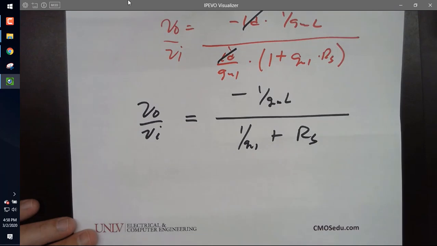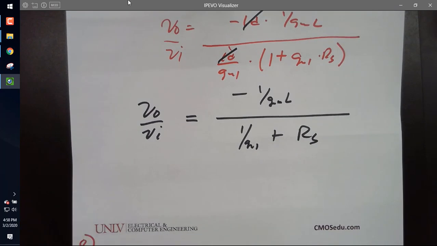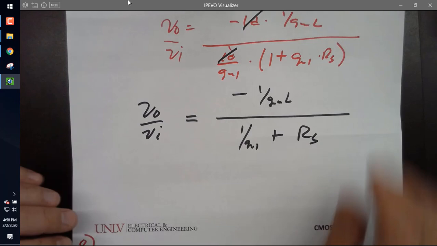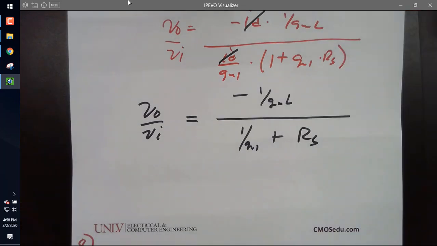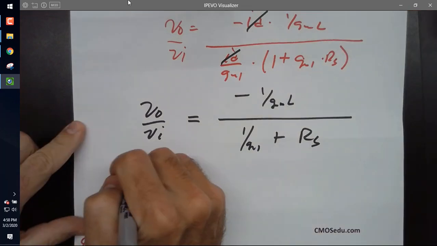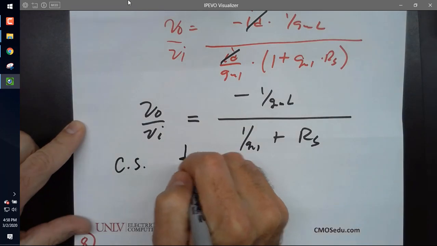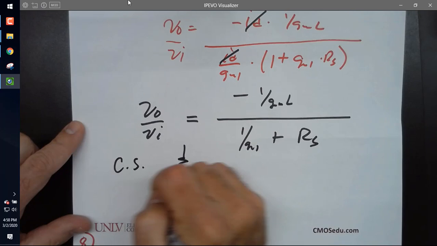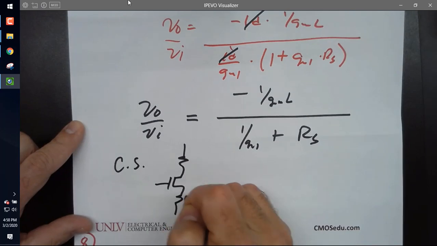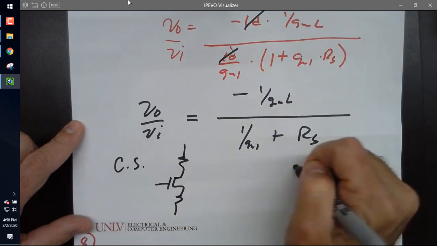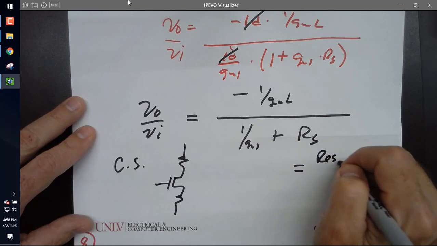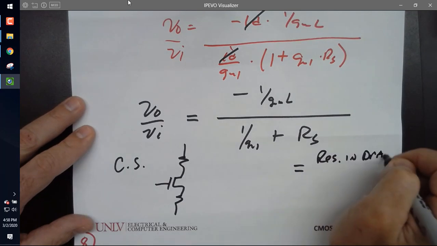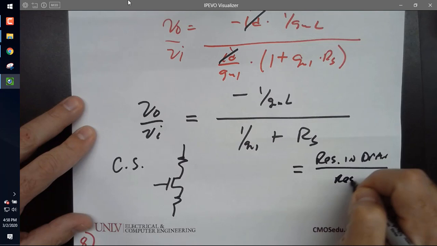But this is why I'm doing this, not because I like to do algebra. What we've just shown is that when we have a common source amplifier with some resistance in the drain, where we can put the output resistance of the transistors in, and some resistance in the source, the gain is always the resistance in the drain divided by the resistance in the source.